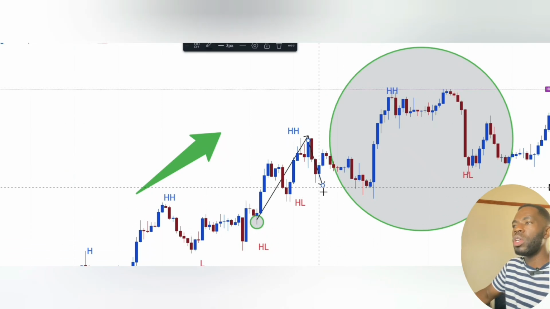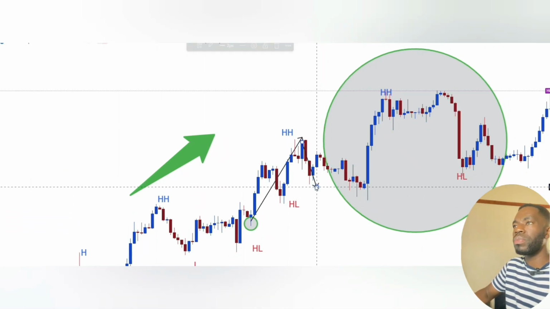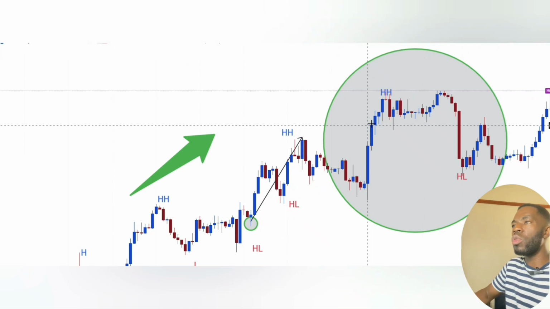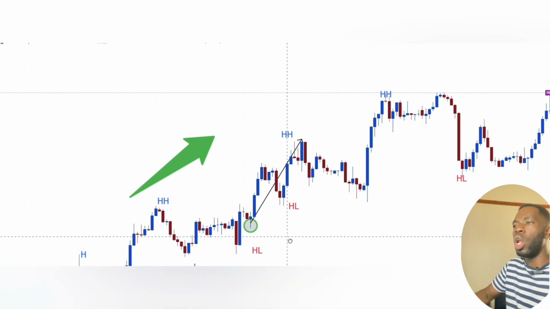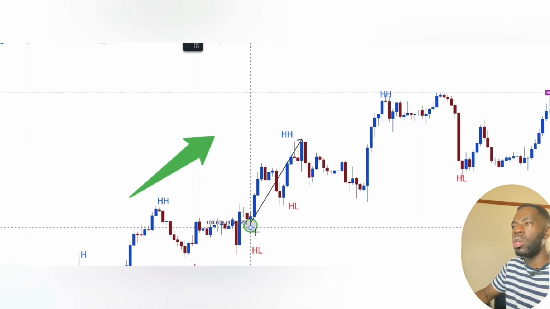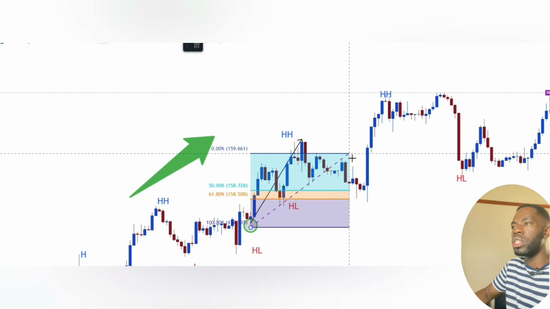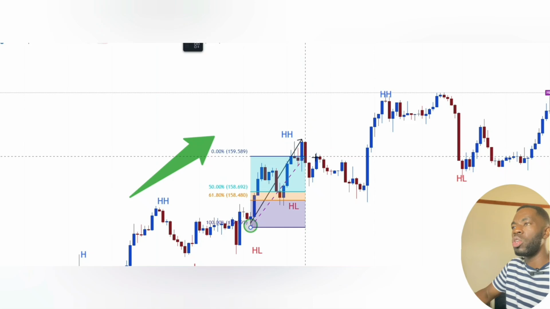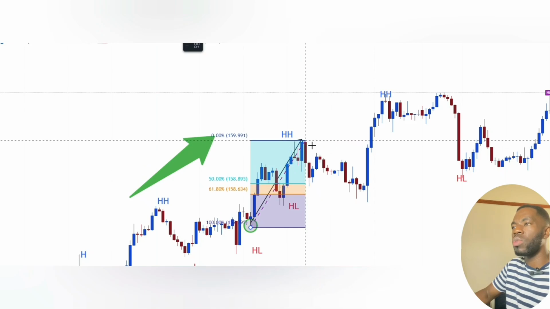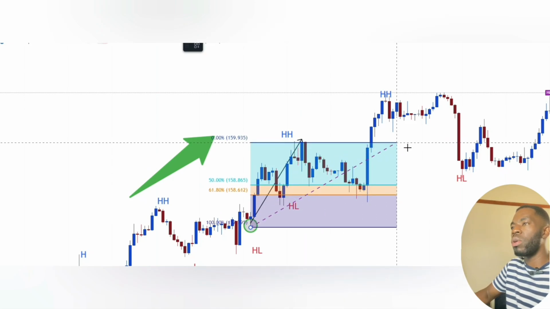So what you are looking at is dragging your fib tool. You will drag your fib tool from the most recent significant low, which is this one here, to the most recent significant high, which is this one over here. You drag your tool all the way to that significant swing high and then drag it to the right.